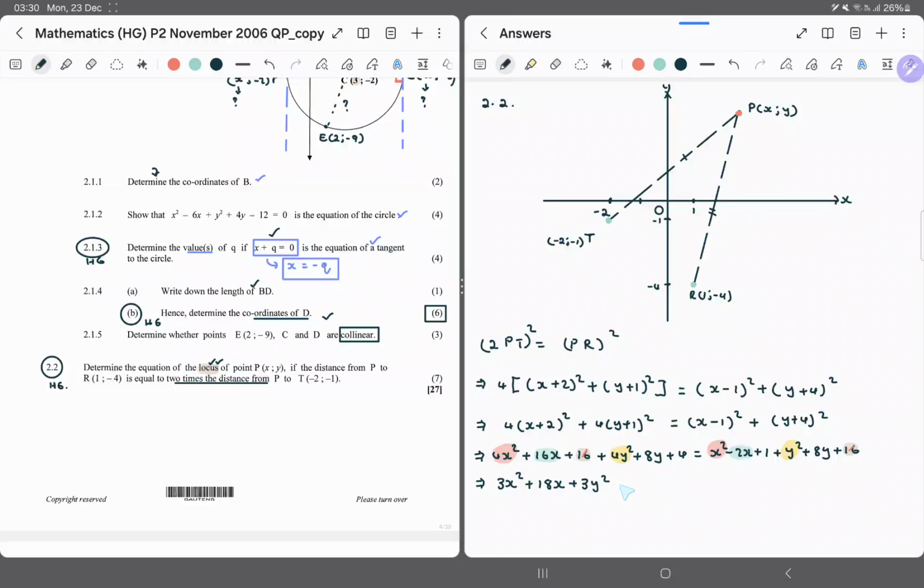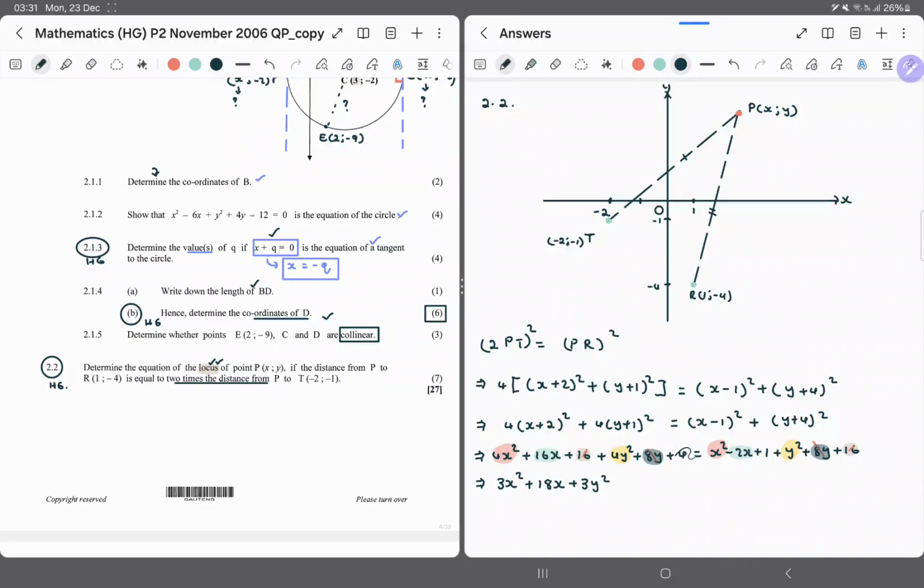And then now we've got 8y and 8y, so they do us the honors, they go away, they take each other out.